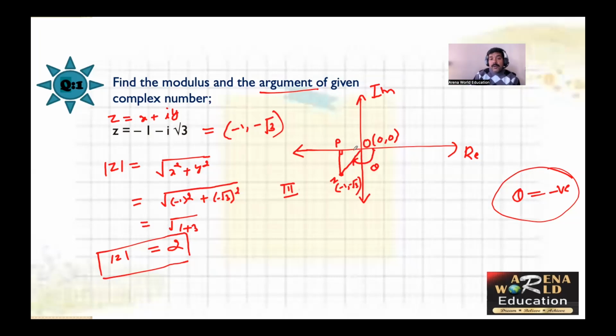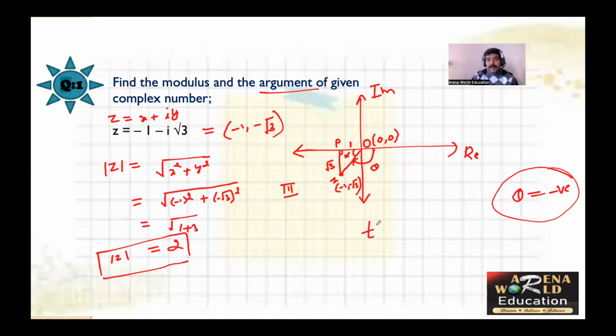The x coordinate is minus 1, so OP is the distance, which will be 1. And PZ will be under root 3. To find theta, first of all we will find this angle. Suppose this is alpha. Alpha will be what?